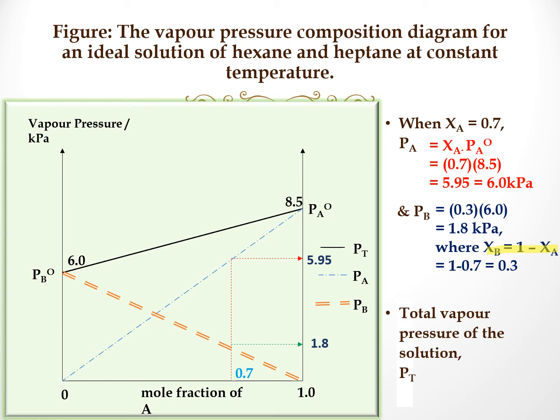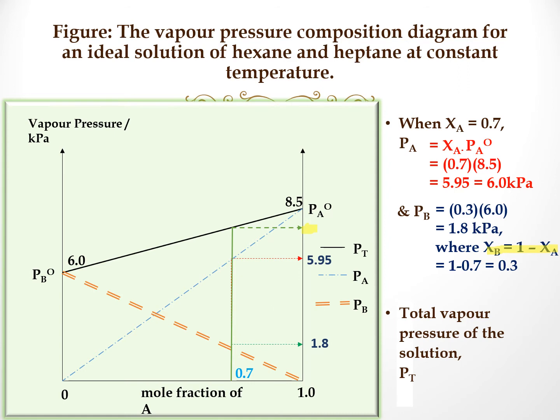Use the values that haven't been rounded to add together. You also can get the value of the total pressure from the graph. So the total pressure will be here, 7.8.